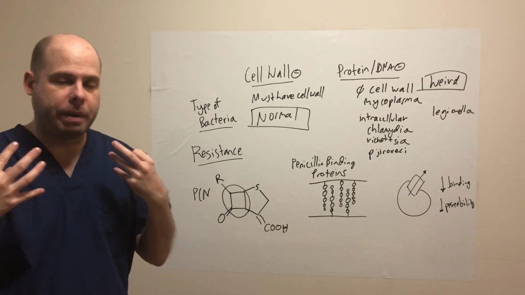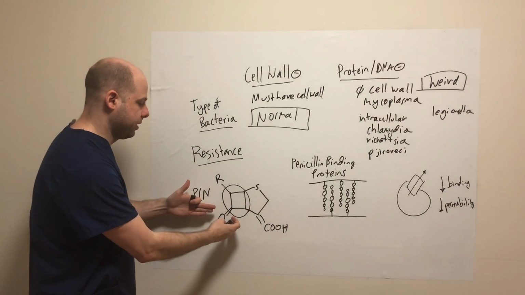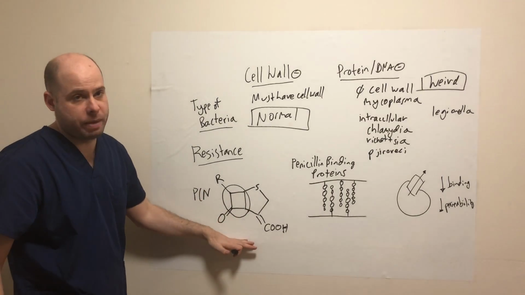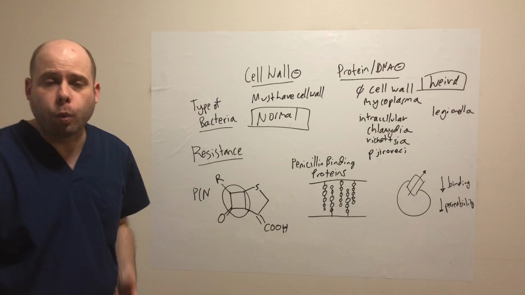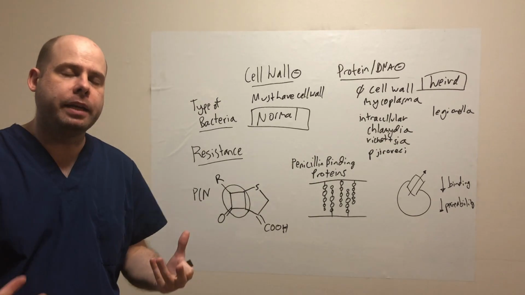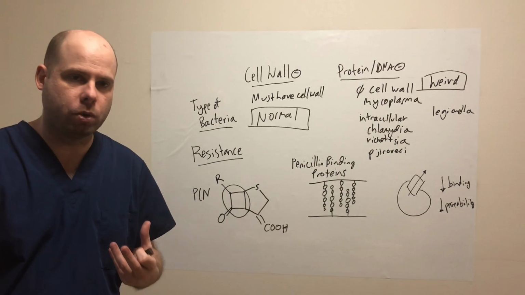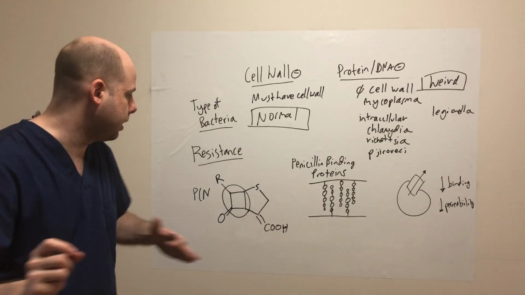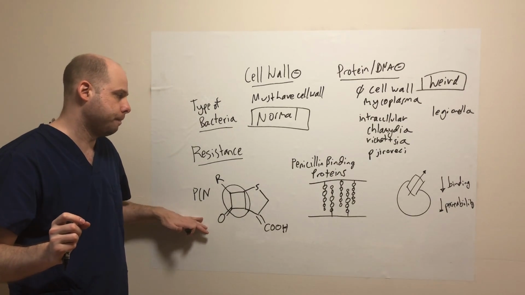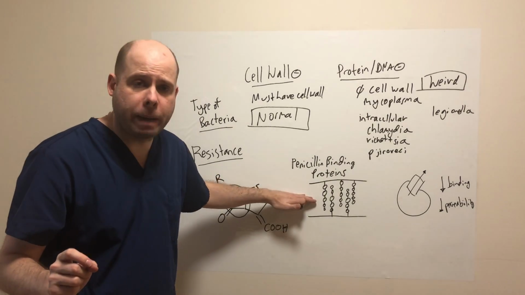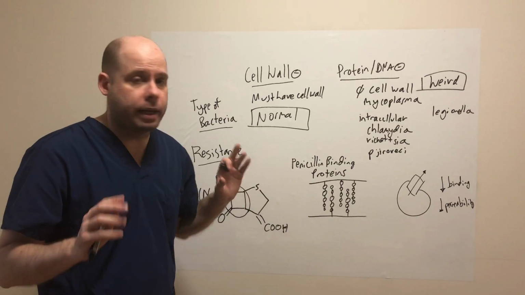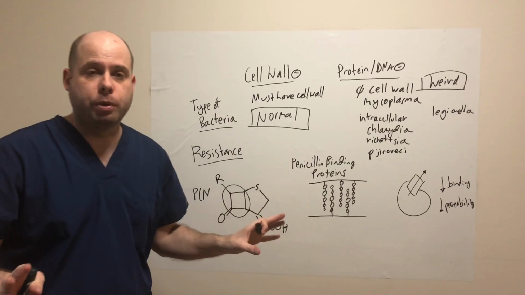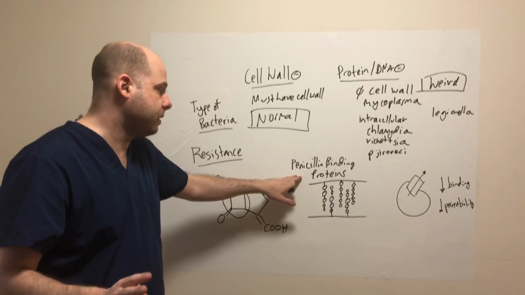Some bacteria produce a beta-lactamase that destroys this ring, and so that is one of the mechanisms of resistance. We can overcome this by adding a second molecule called a beta-lactamase inhibitor, and we'll talk about that more in just a little bit. A second mechanism of resistance in bacteria that produce a cell wall is called a penicillin binding protein.